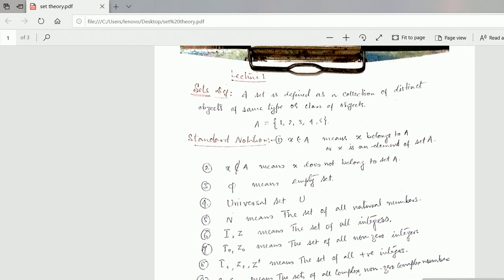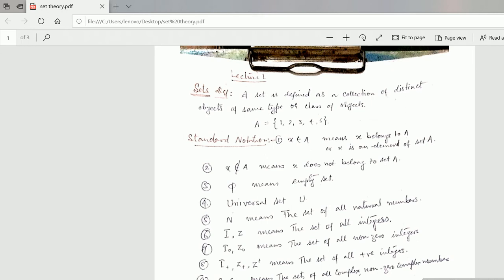Objects can be numbers, alphabets, names, etc. So for example, I have written A = {1, 2, 3, 4, 5}. This is one set. A is the set of numbers containing the elements 1, 2, 3, 4, 5.